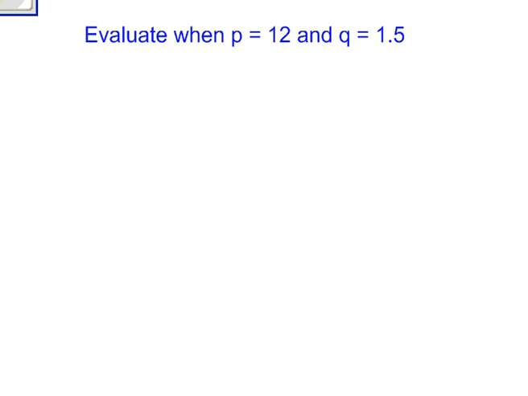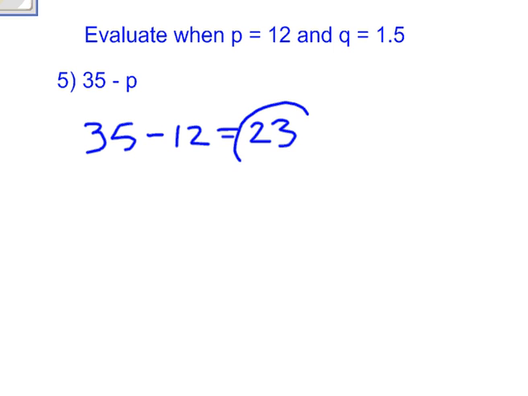Problems 5 through 12, we're going to be using p is equal to 12 and q is equal to 1.5. Here is problem number 5. It says 35 minus p. P is 12, so we have 35 subtract 12, which gives us 23.